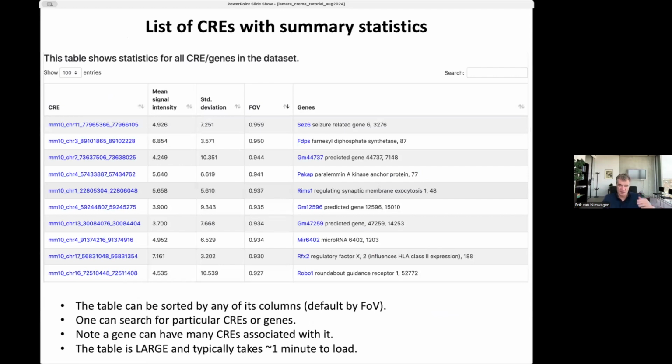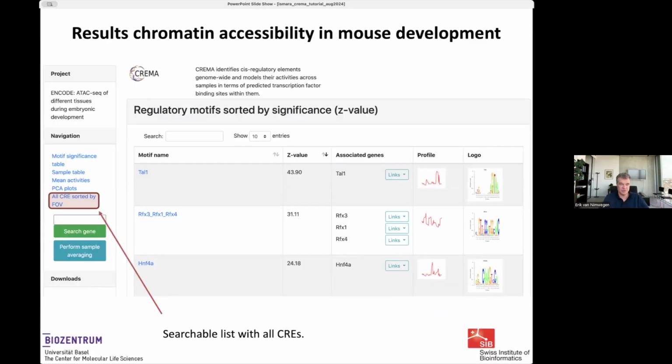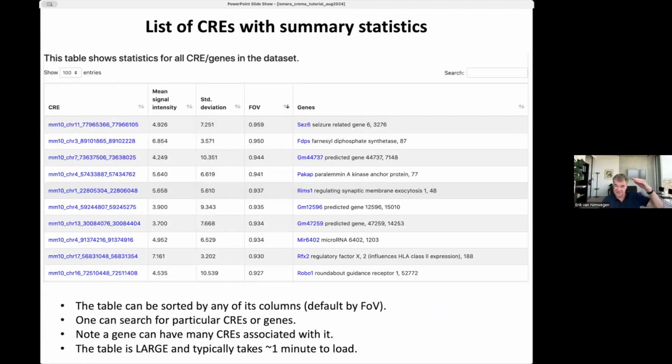And so again, there is a searchable list. You can click on the left here, and you will get a list of all CREs. Again, this may take a minute to load because there are so many of them. In this list is the ID of the CRE, so it tells you where it is. What is the mean signal intensity?